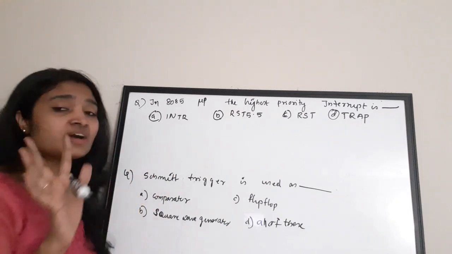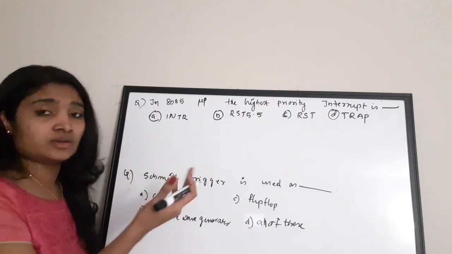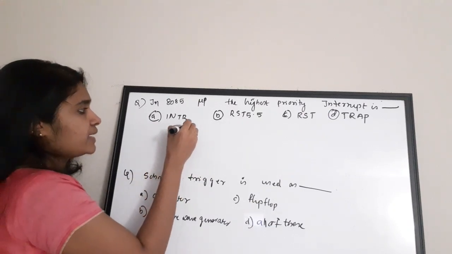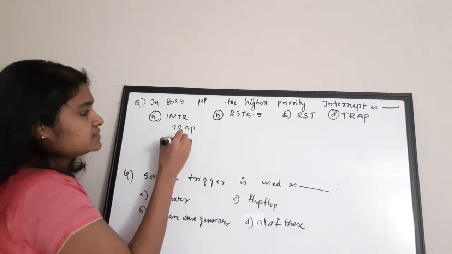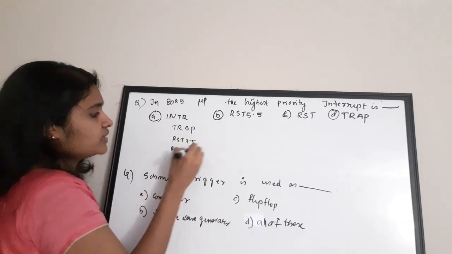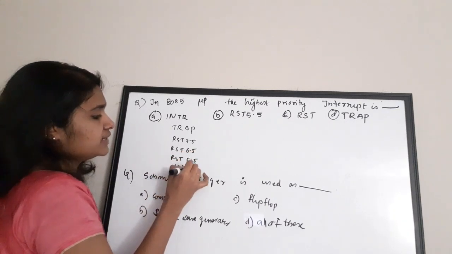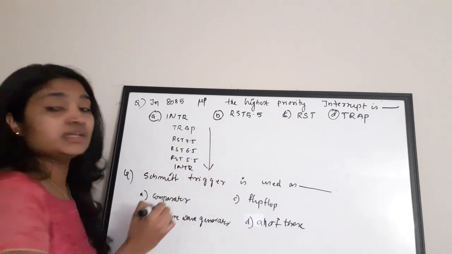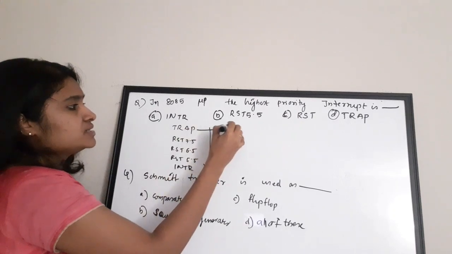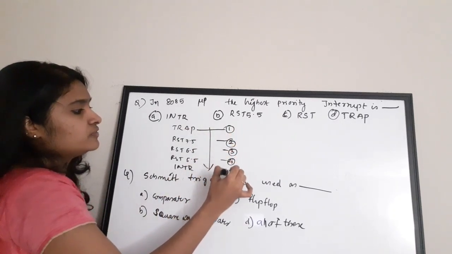There are basically 5 interrupts in 8085 and I'll write the interrupts in the priority order. The first one is trap, then RST 7.5, RST 6.5, RST 5.5, and the last one is INTR. So this is the priority order, with the highest priority first. So 1, 2, 3, 4, 5.